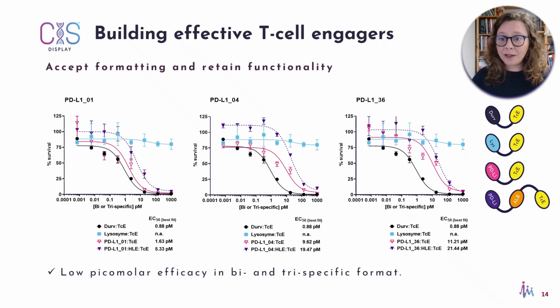Again, we used durvalumab as our positive control, and we tested this in killing of PD-L1 positive cancer cells. As you can see, durvalumab has an excellent killing capacity, but so do our bi or trispecifics. So formatting did not affect their binding abilities and resulted in a low picomolar efficiency in killing.